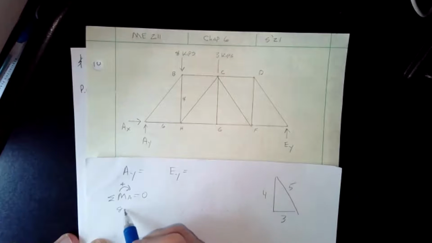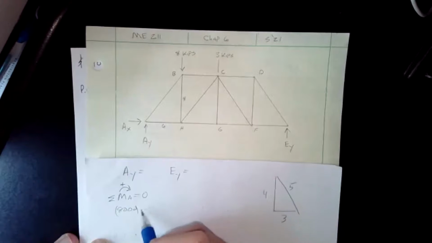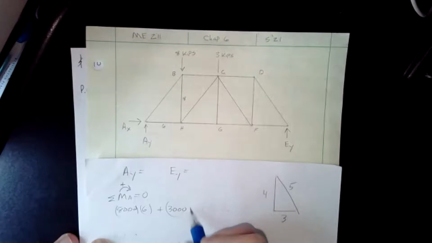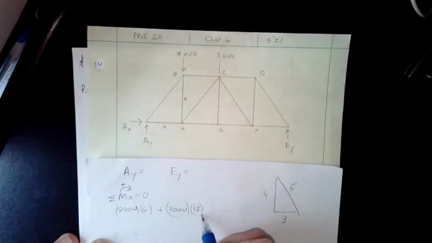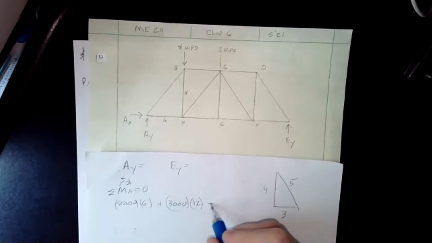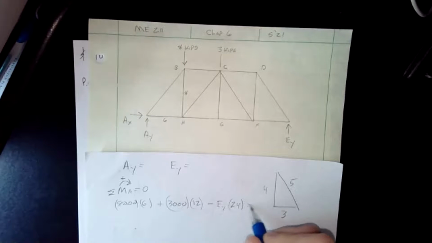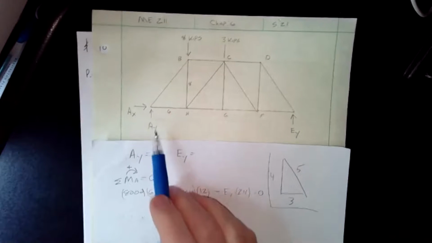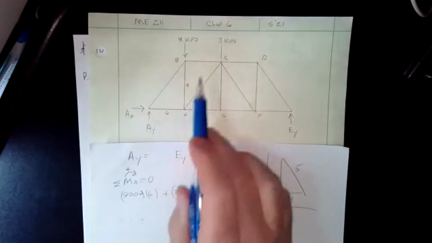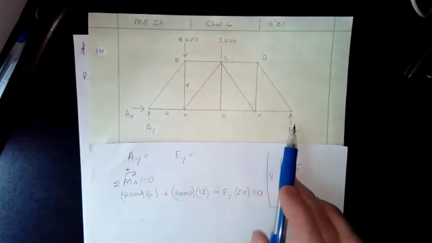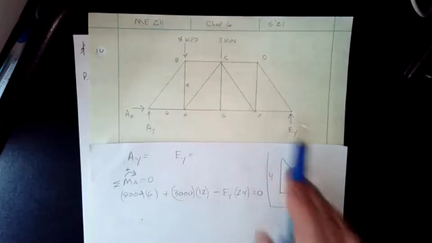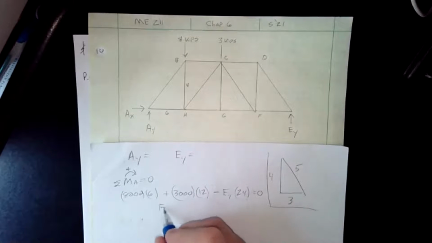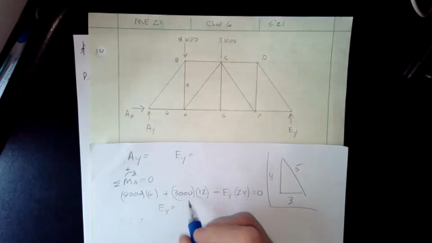So 8,000 times 6 plus 3,000 times 12, and then that's going to be minus EY times 24 equals 0. All I did was take this force times this distance, that force times the distance, and all that's balanced by this. So I solve, and I get EY equal to 3,500.